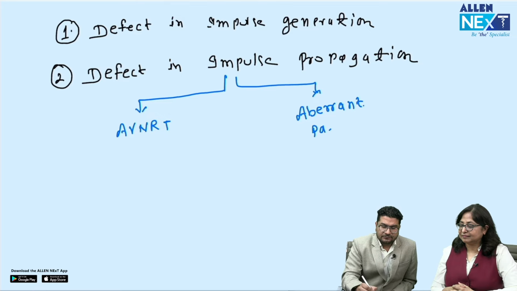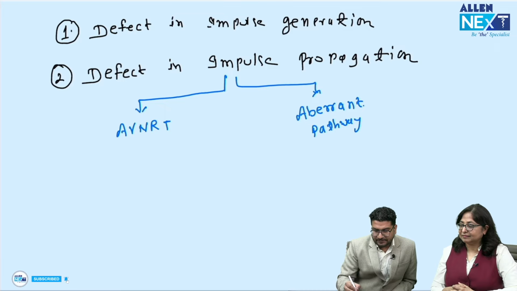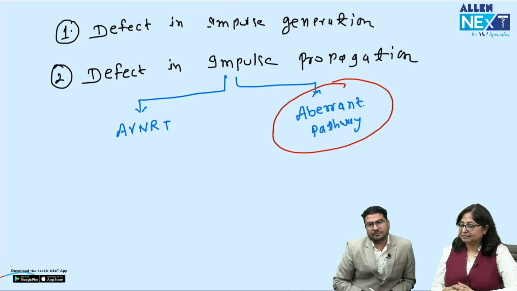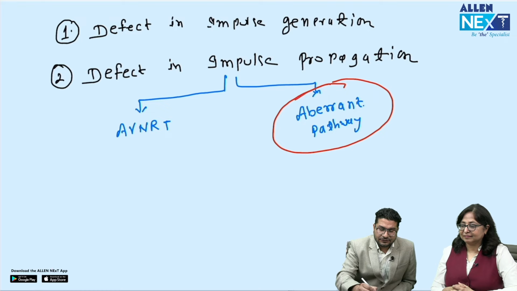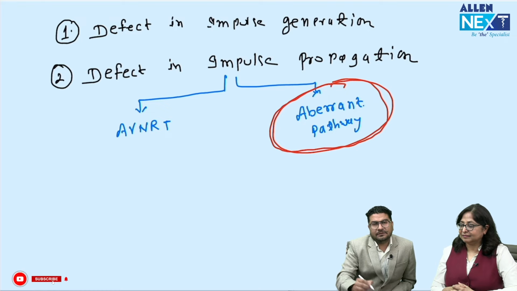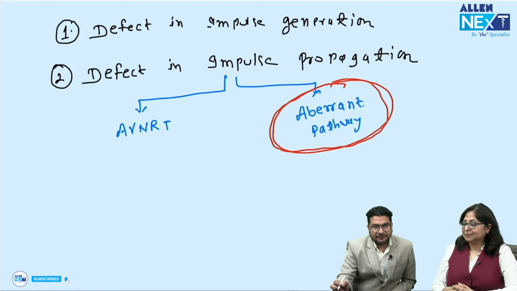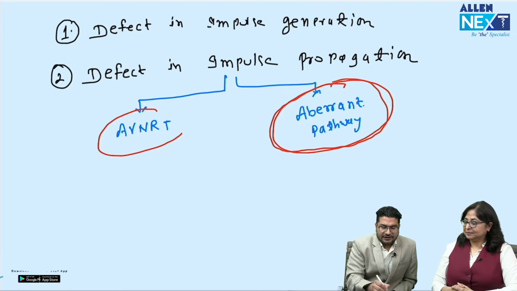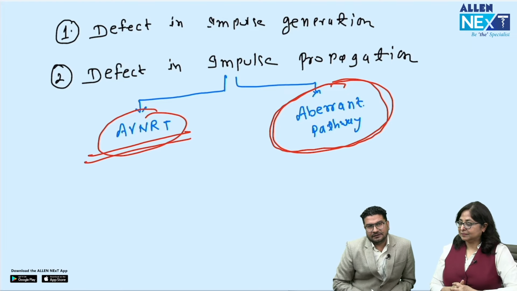If a person develops arrhythmia due to an aberrant pathway, the final solution is ablation of this aberrant pathway. Is it clear? Most PSVT occurs because of re-entry, that is AV nodal re-entrant tachycardia.